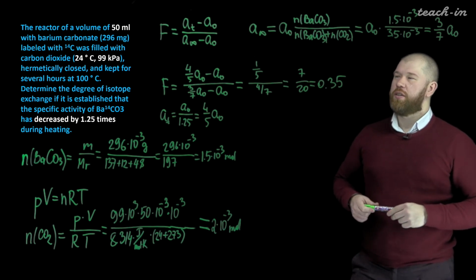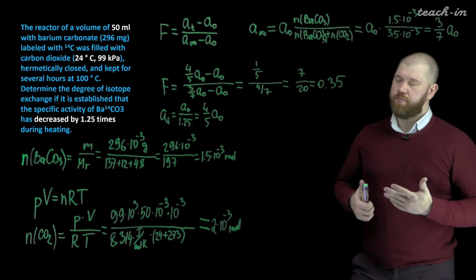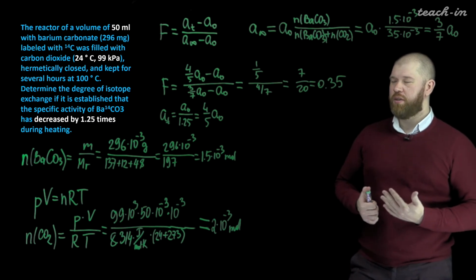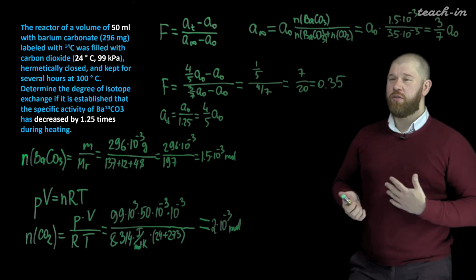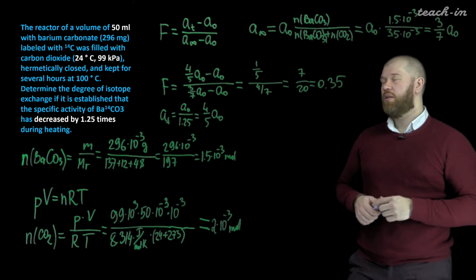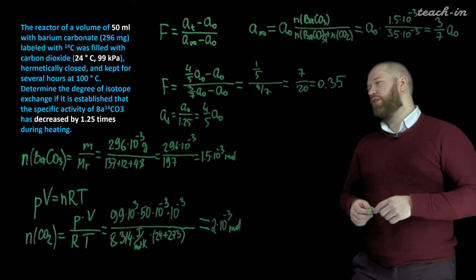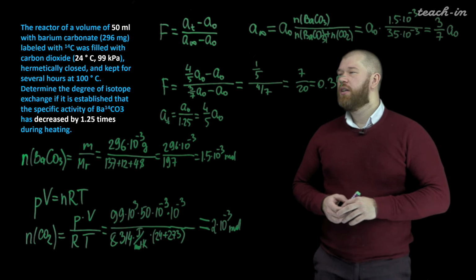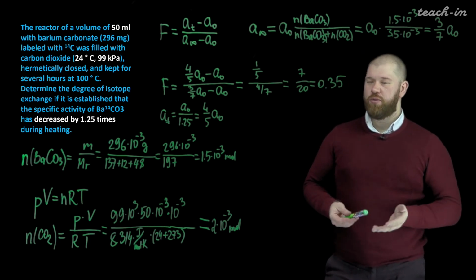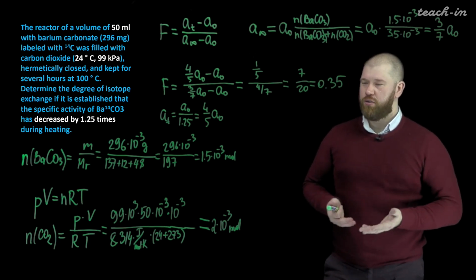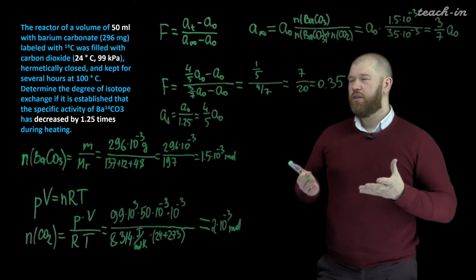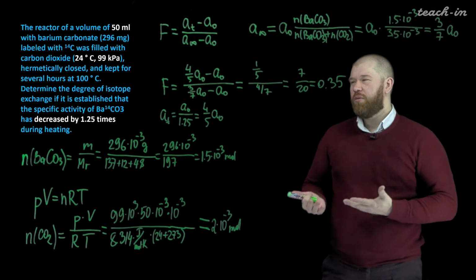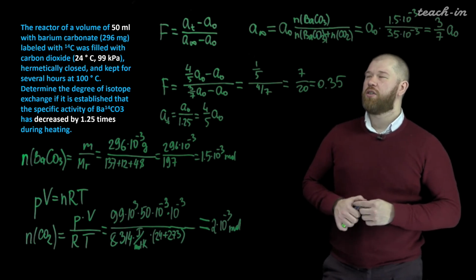Also, it is interesting that we can say that solid compounds are more or less inert in reactions with some gases. So barium carbonate is an insoluble solid, so it doesn't react actively even with water, and with carbon dioxide there should be no reaction.